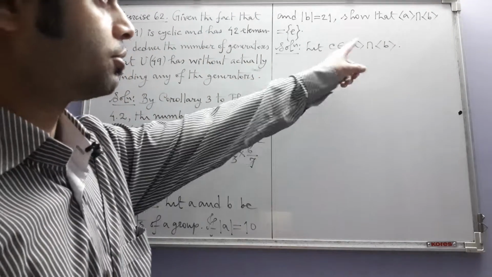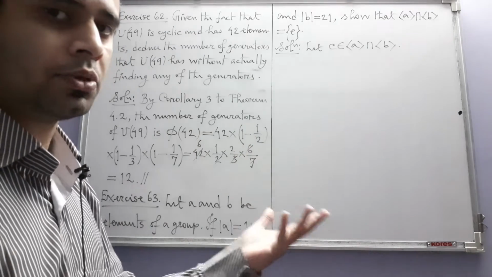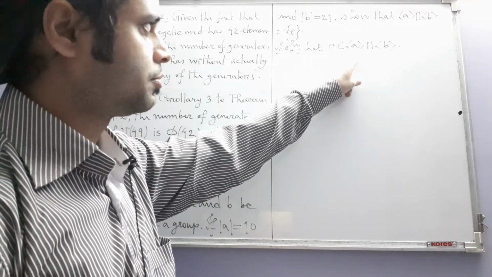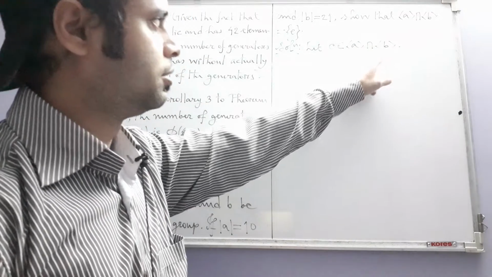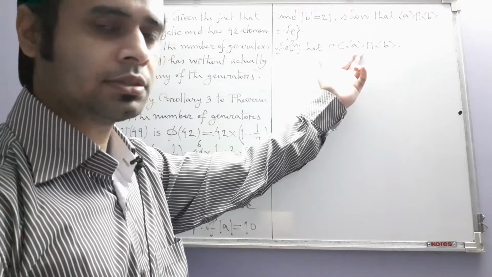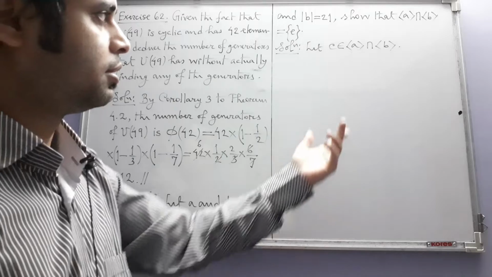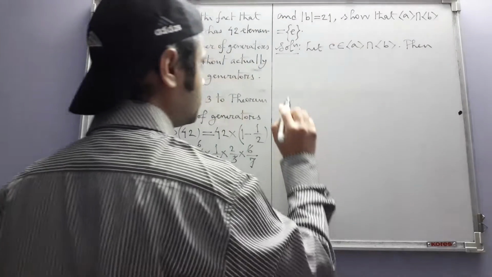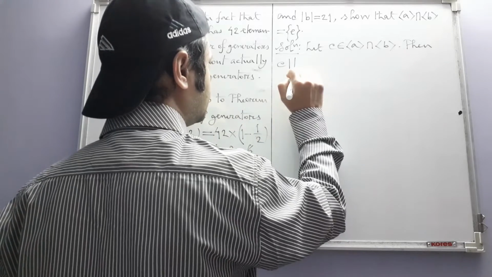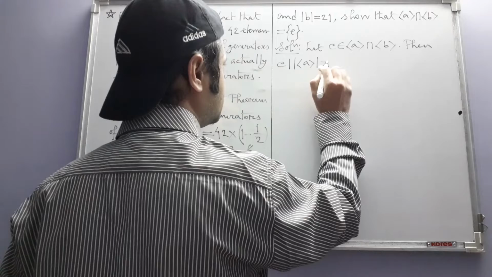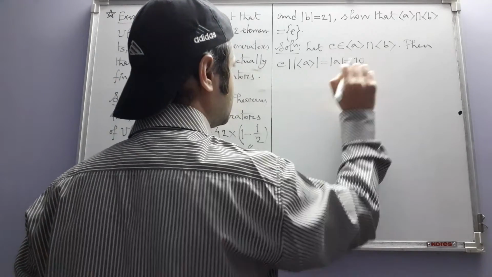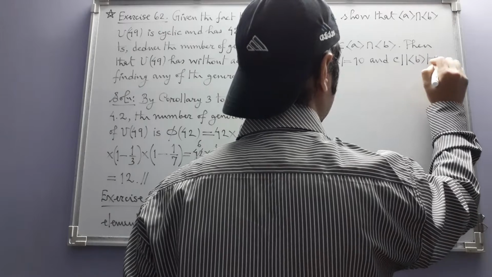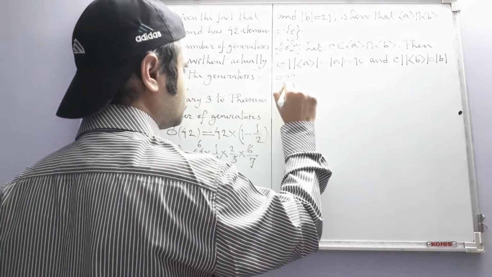Then C belongs to both the cyclic groups, and from elementary properties of cyclic groups, the order of C should divide the order of this subgroup, and also the order of C should divide the order of this subgroup, which are nothing but the order of this first one is nothing but the order of A itself, and the order of the second one is the order of B. Then the order of C should divide the order of this, which is equal to the order of A, that is 10, and like that the order of C should also divide this, which is 21.